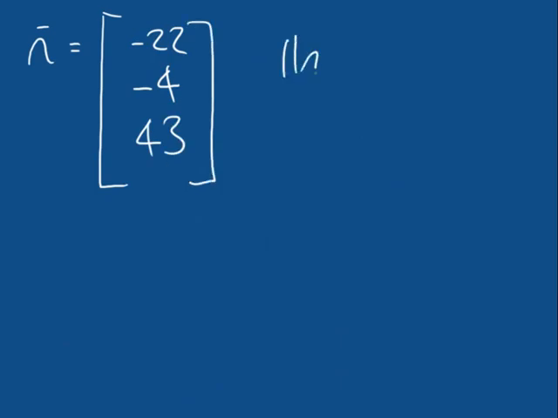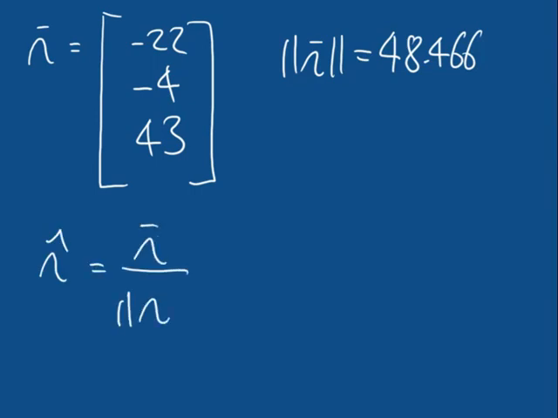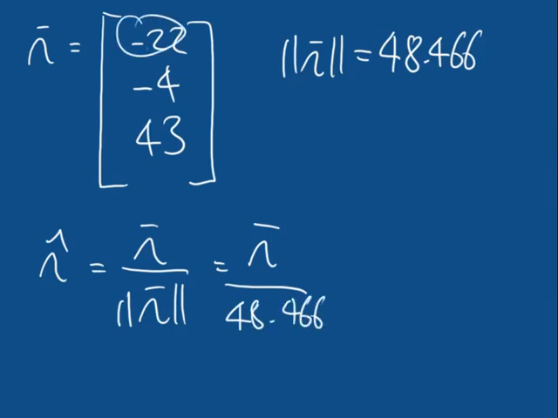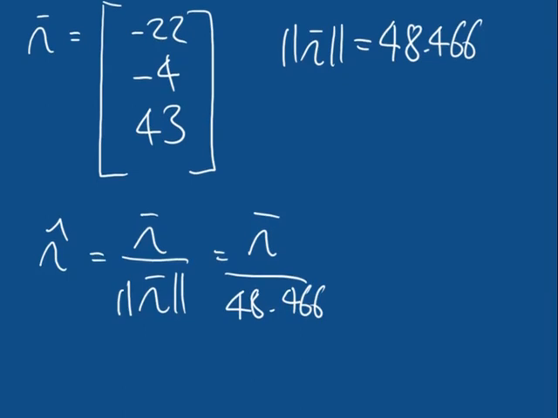And we know that the length of n was equal to 48.466 units. So what I want to do is find our unit vector n hat. It's equal to n divided by the length of n, which is equal to n divided by 48.466. I'm going to take each of these components and divide it by 48.466.